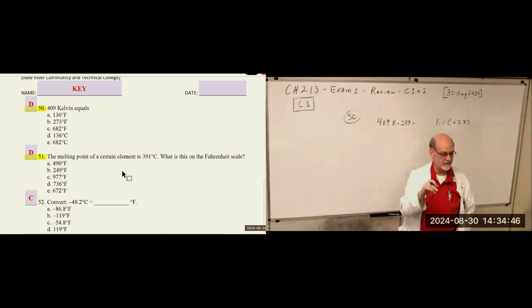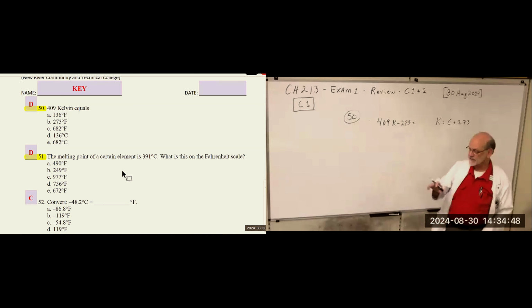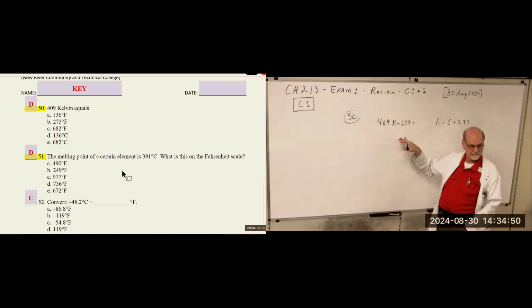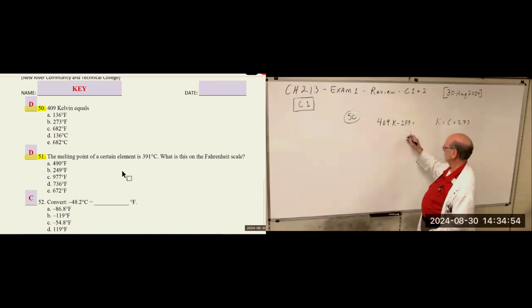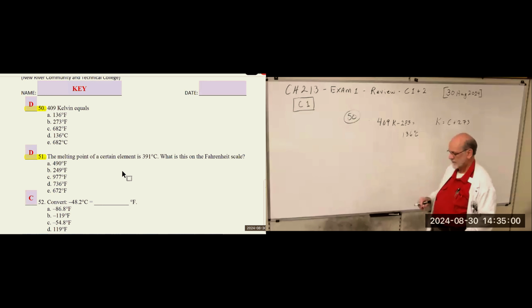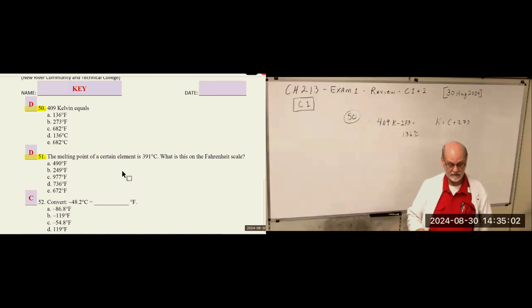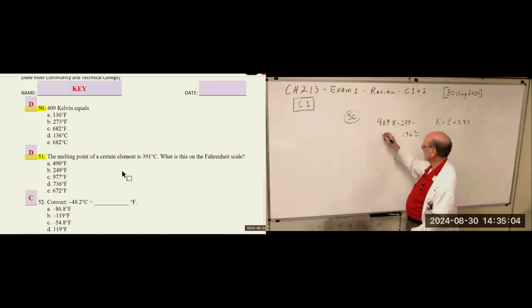So all we have to do is shift the zero. And this is how we shift the zero mark. So what's that? Let's see, 136 degrees C. That's D. Save ourselves some work.